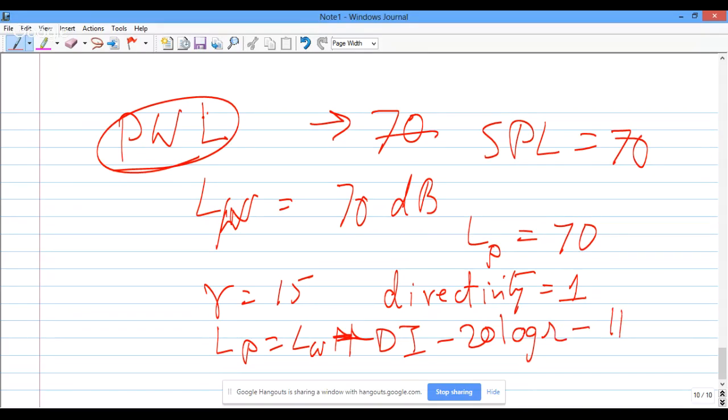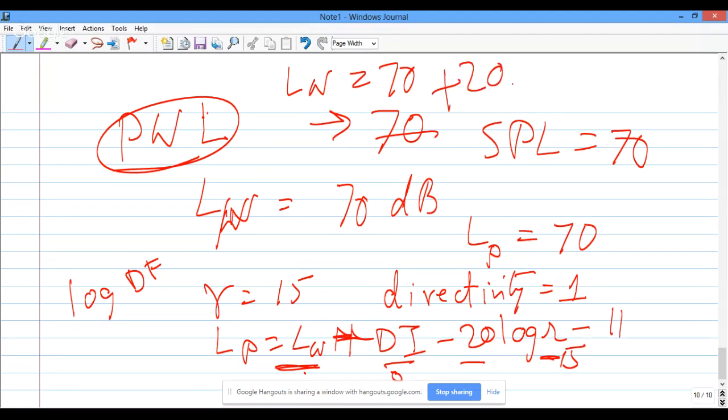I want to find out LW. DI is nothing but the log of the directivity factor. The directivity factor is given as 1, so this term is actually 0, right? And 20 log R, this is 15 meter. So LW should equal 70 plus 20 log of 15, plus 11.